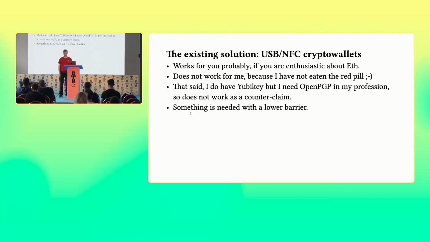I do have a YubiKey, which I use for SSH authentication when I access kernel.org, but I use it because I have to. So something is needed that could bring almost equivalent characteristics as a crypto wallet, but with a lower barrier.